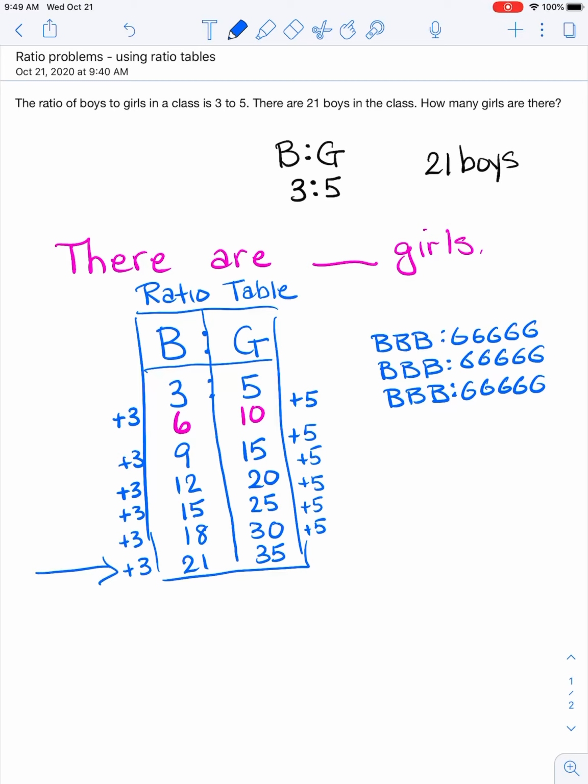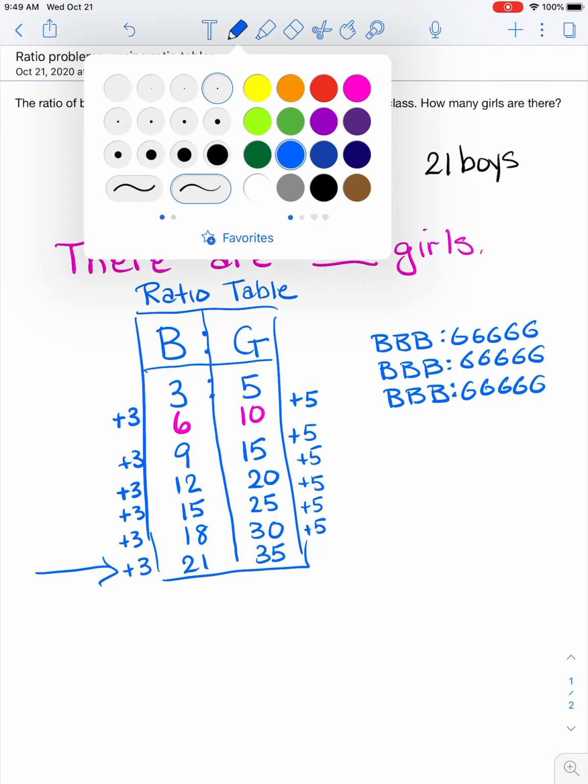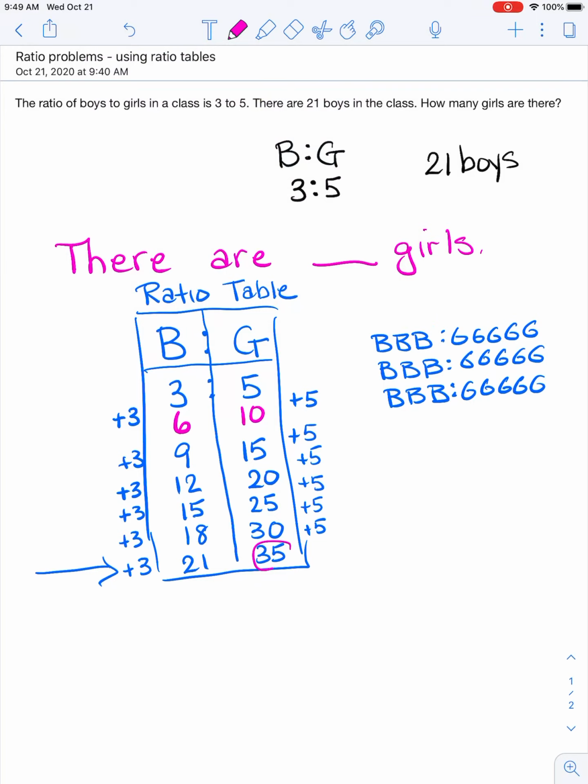So you can see by the table that by repeating this pattern, if I have 21 boys, then there are going to be 35 girls. This strategy is called additive reasoning, and additive reasoning is nothing more than adding according to the pattern.